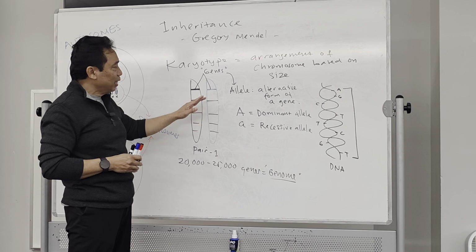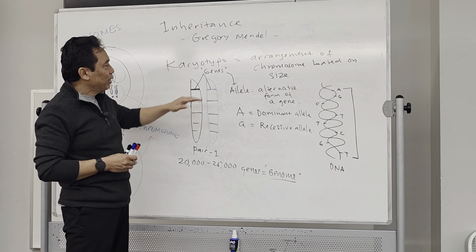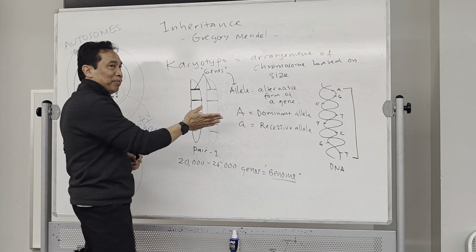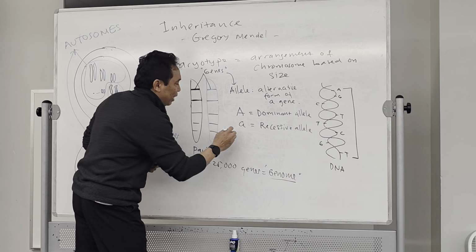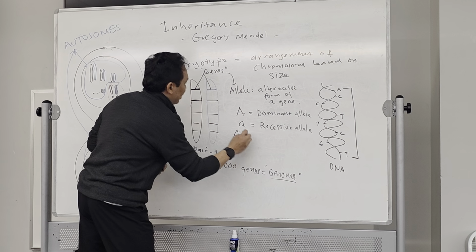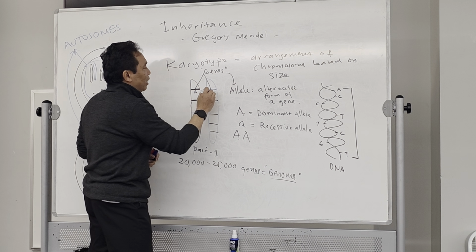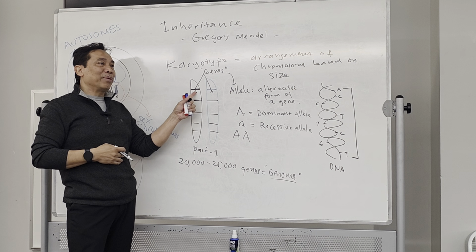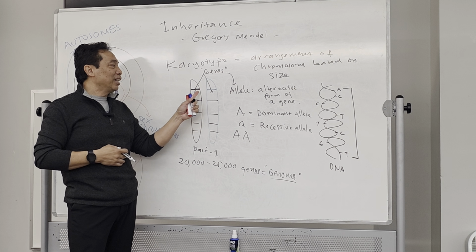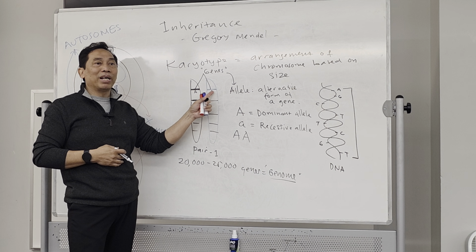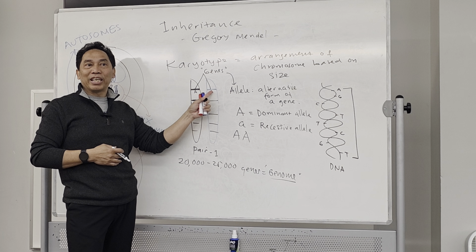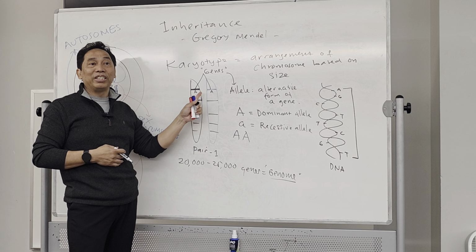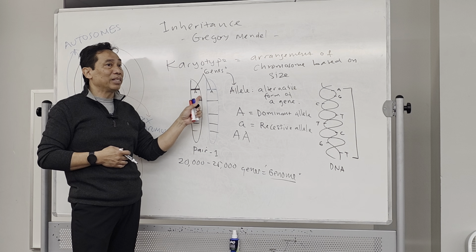Now one person, like this person for example, might carry both. Let's say both are capital A. So a dominant allele coming from the father and a dominant allele coming from the mother. Both carry the dominant allele. So the gene actually carries the dominant allele.